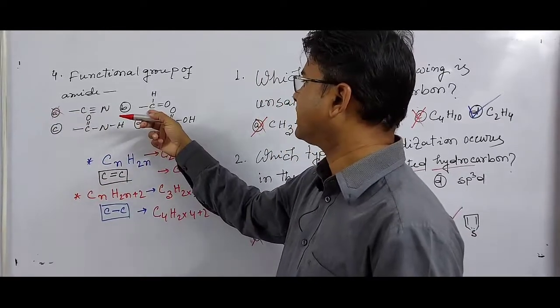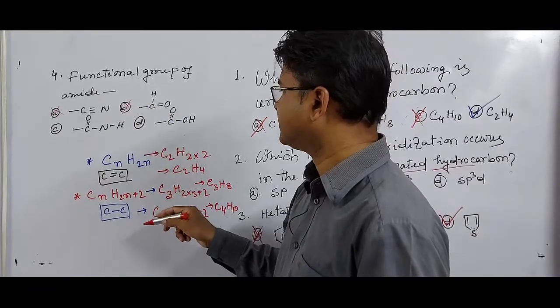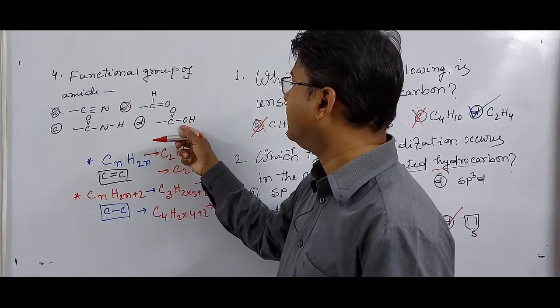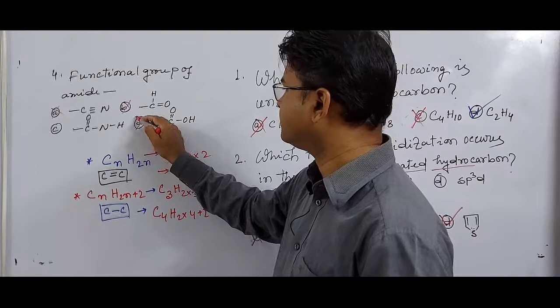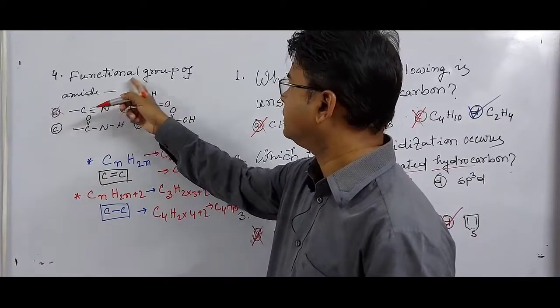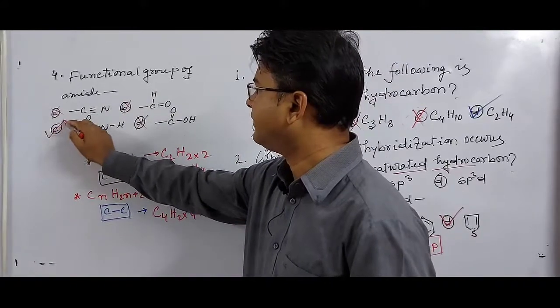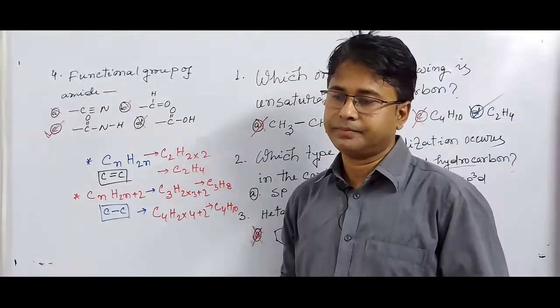This is the functional group of aldehyde, so it will not be the correct answer. And this is the functional group of organic acid or carboxylic acid, so it will also not be the answer. So which is the functional group of amide? This is the functional group of amide. This is actually the amido group.